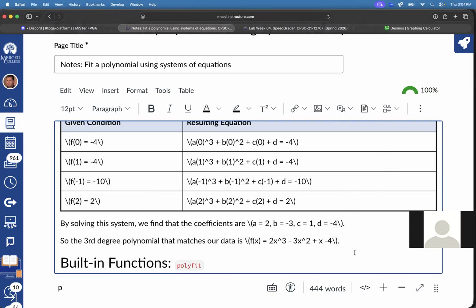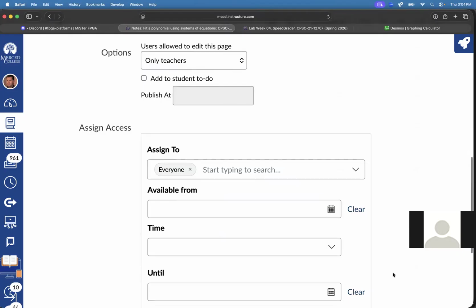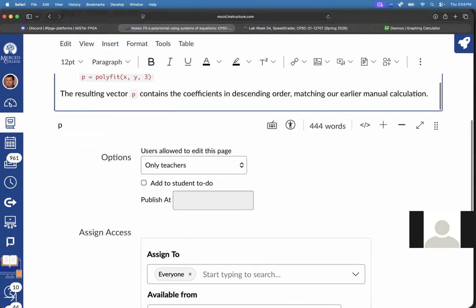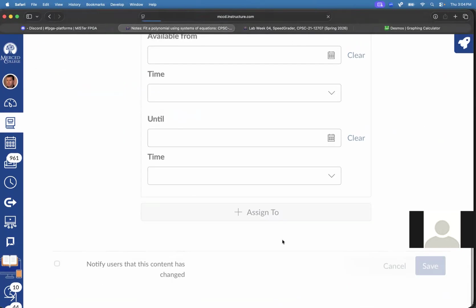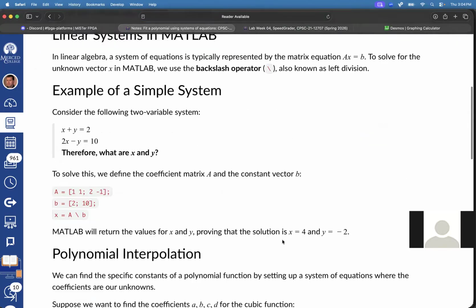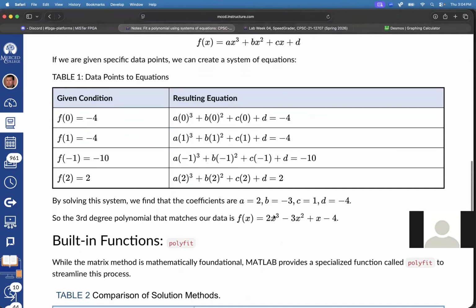And that would be kind of the final answer there. It just wasn't listed there until now. Let me click save and actually save that page.